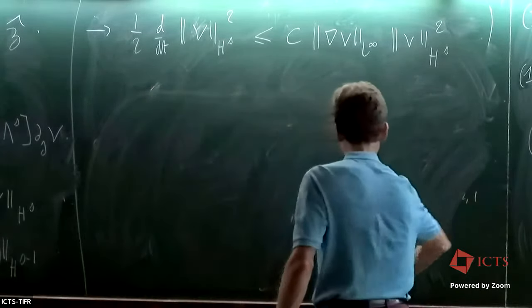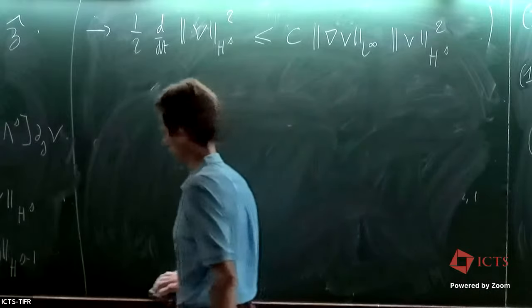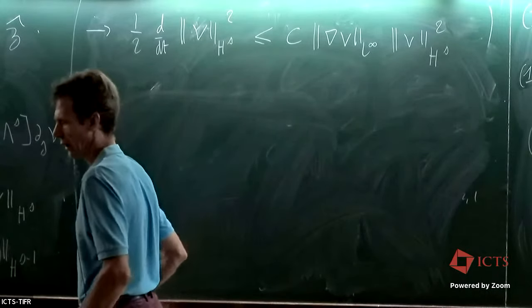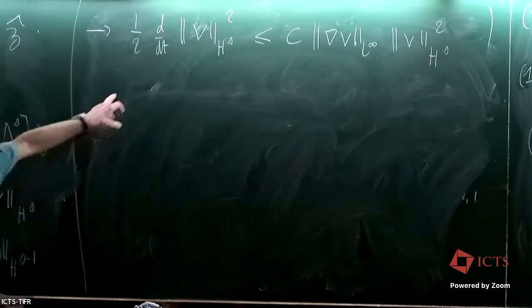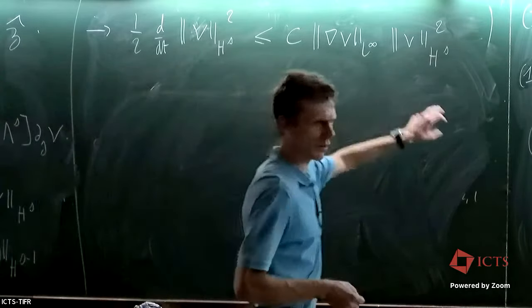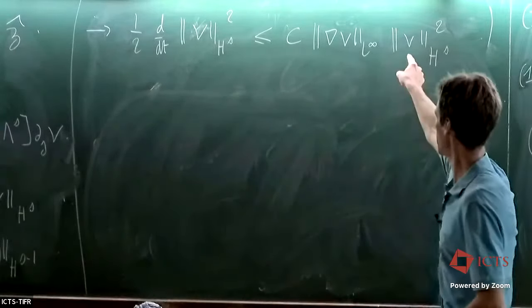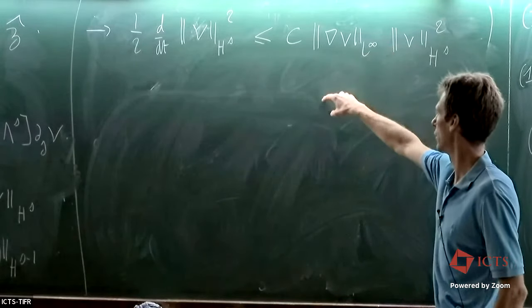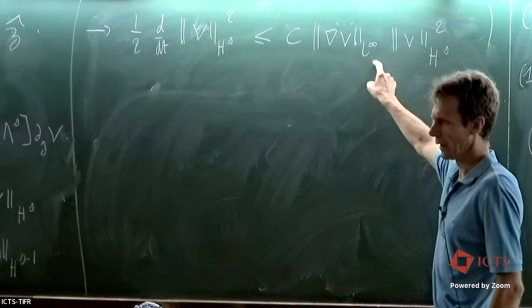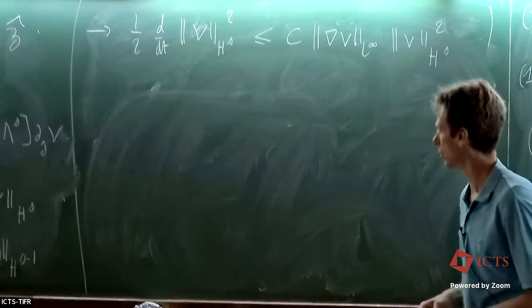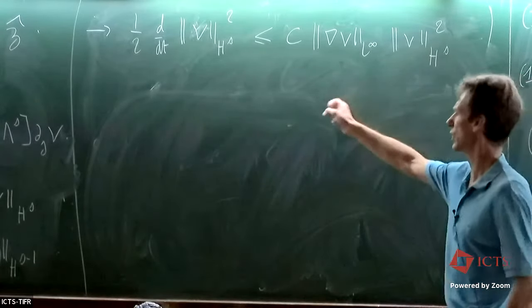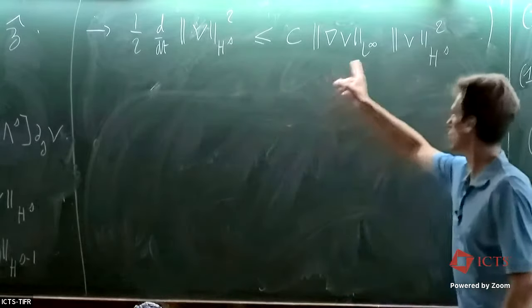So the question is how big S should be if you want to get some control on the H^S norm, because you see that here you can use Grönwall's lemma as before, but you still have the same problem: there will be the integral from 0 to t of this term that will appear. In order to conclude, you need to have an S which is high enough to control this term.